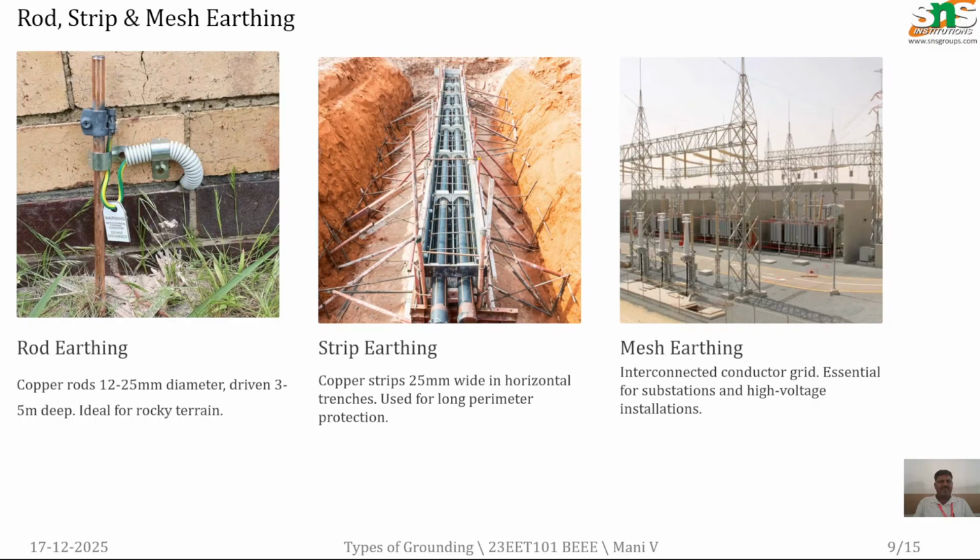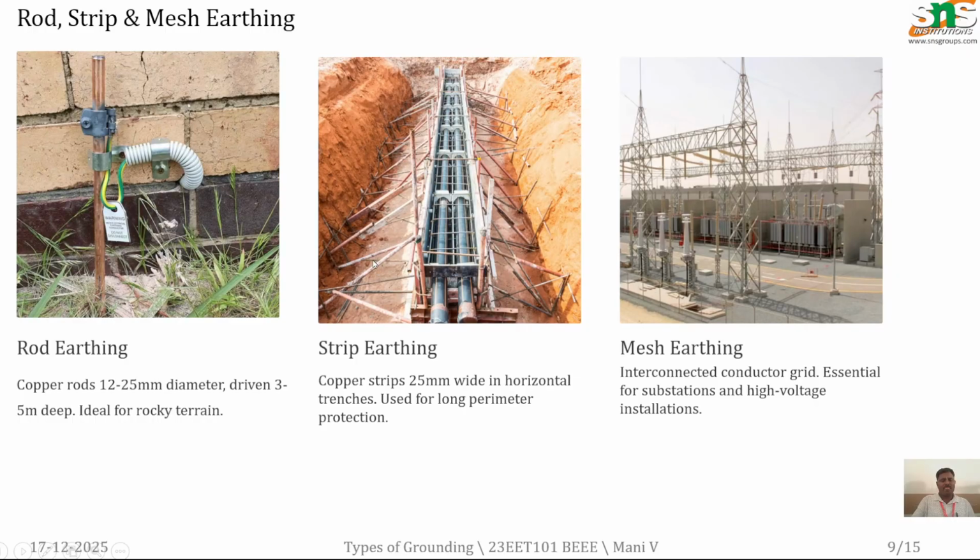Rod, strip, and mesh earthing. This is rod earthing, where we use copper rods. In rod earthing, copper rods are a minimum of 12 to 25 mm in diameter and are driven 5 meters deep. It is ideal for rocky terrain.